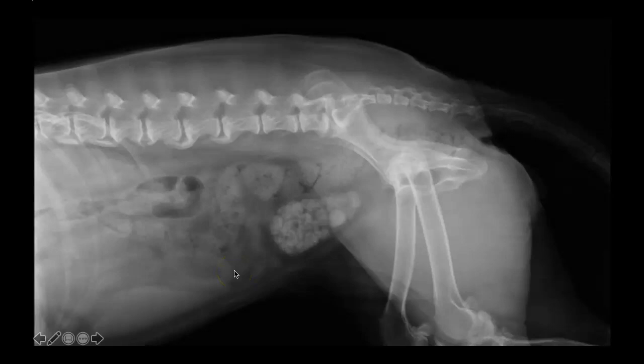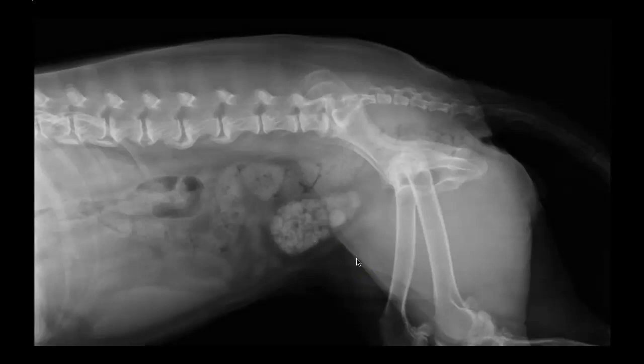We know that on X-ray, things that are radio-opaque, such as bone or calcified, mineralized objects, will show up as white. So this is now a bladder that is absolutely filled with bladder stones. That is bad news bears, and that animal would certainly require surgery.